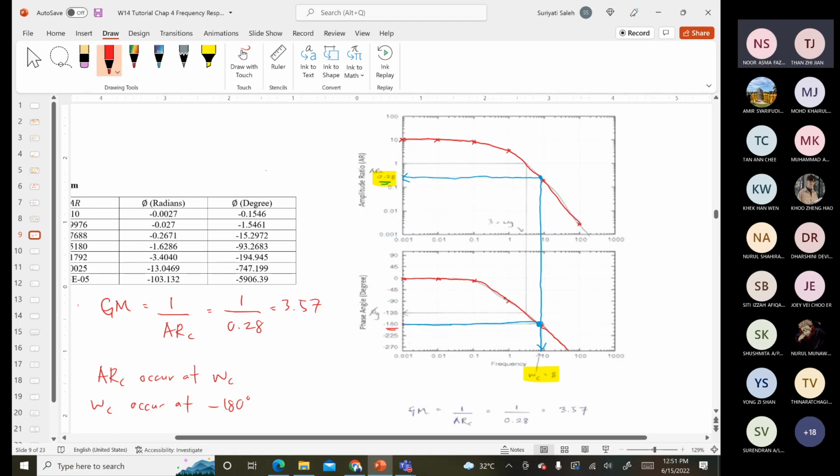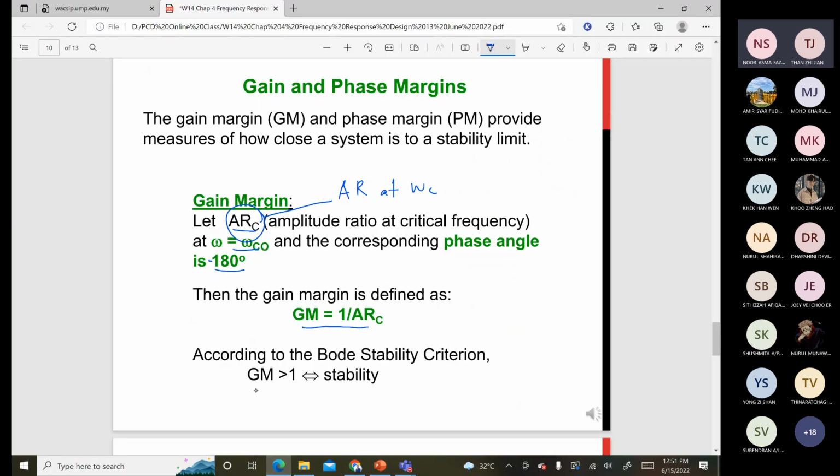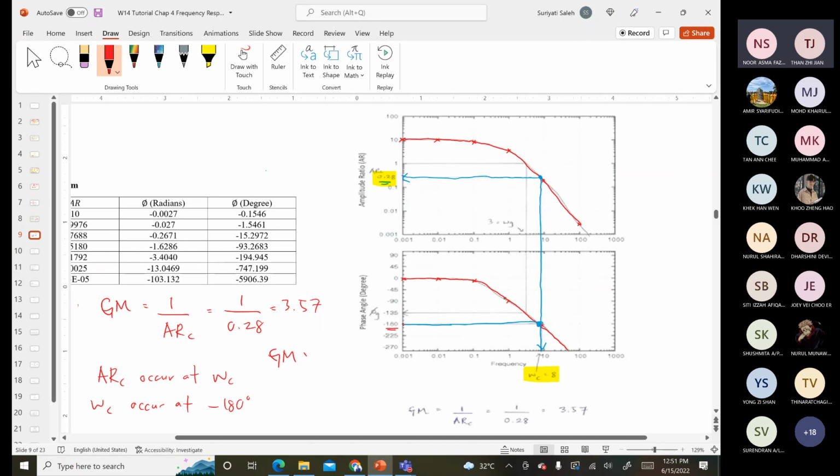So that is how you can obtain the gain margin. The gain margin here is 3.57. According to the criteria, GM greater than 1 means it is stable. So for your case, GM is greater than 1, so it is stable.